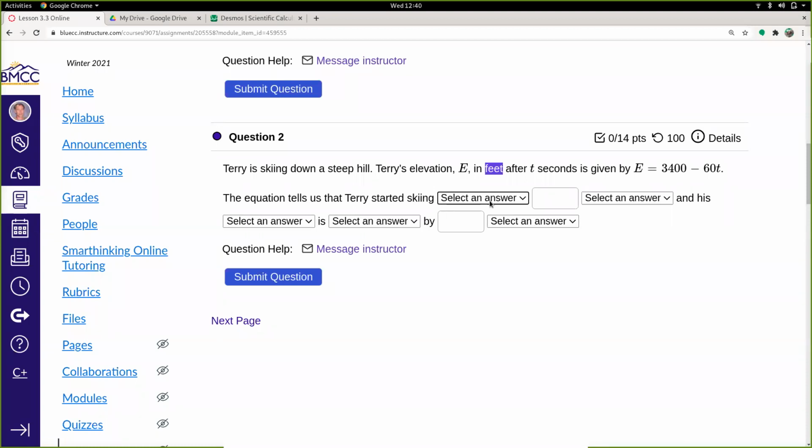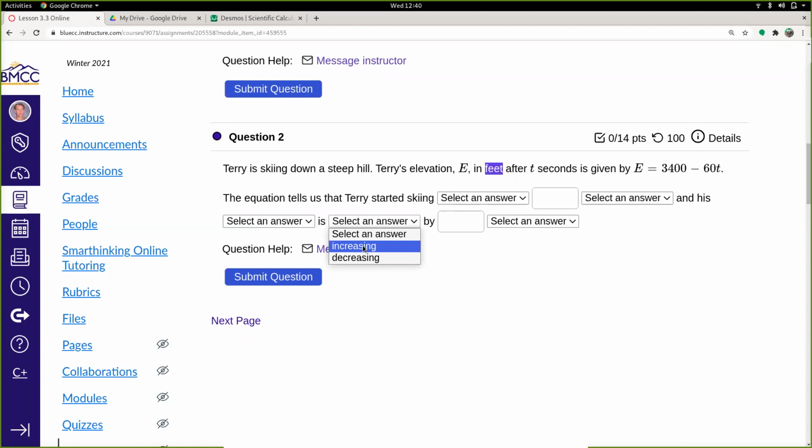Ooh, okay, let's see if we can piece this together. So it's either a time or an elevation here. And then this one, feet, seconds, second each foot or feet each second. All right, so let's see what's down here. Time or elevation, increasing or decreasing.